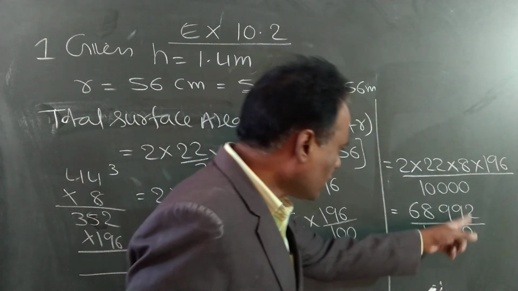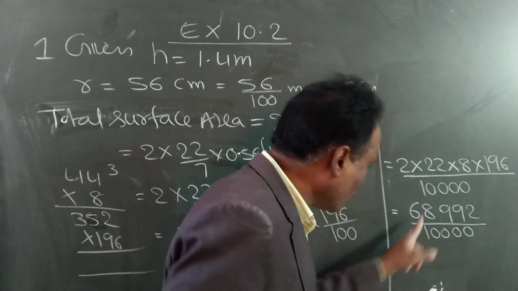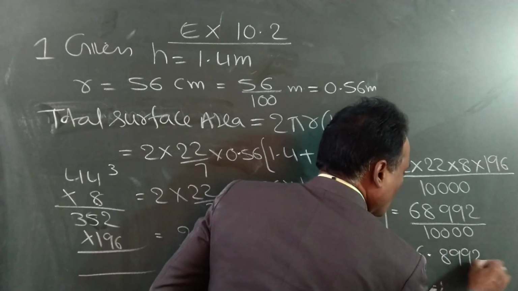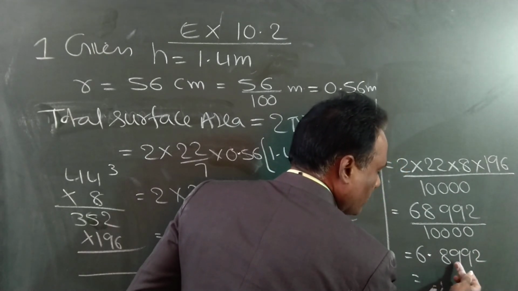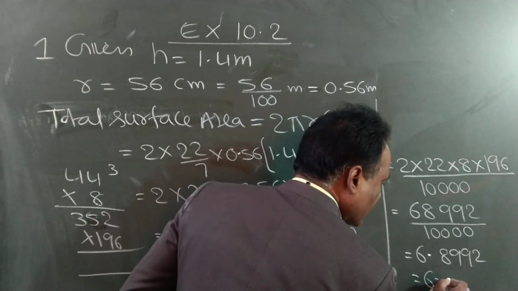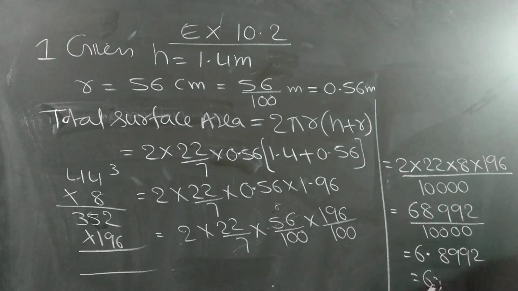If you want to remove these 4 zeros, put the decimal before the 4 digits: 1, 2, 3, 4. 6.892. So after the decimal, when the last digits are greater, we can add and round off. 6.9 also we can write. So see the textbook answer. If it is the same, you can write.